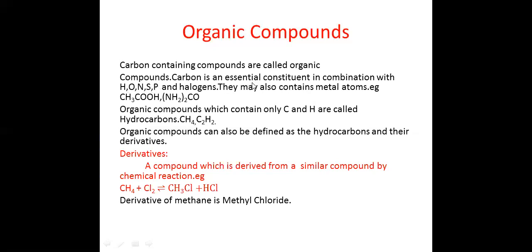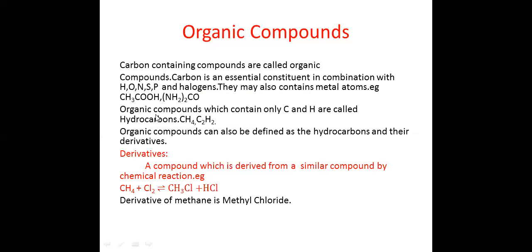They may also contain some metal atoms. You can see that this is the formula of acetic acid. In addition to carbon, this organic compound also contains oxygen and hydrogen. Same in urea: in addition to carbon and oxygen, this compound also contains nitrogen and hydrogen.